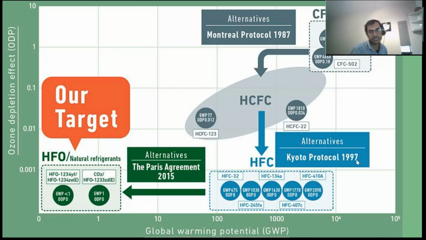Then in 1997 the Kyoto Protocol also considered HCFCs and discussed reducing the use of chlorofluorocarbons, and then the Paris Agreement in 2015. So HFOs were introduced, and it is continuously growing, and the discussion is still going on so that we will have HVAC systems without much impact on our environment.